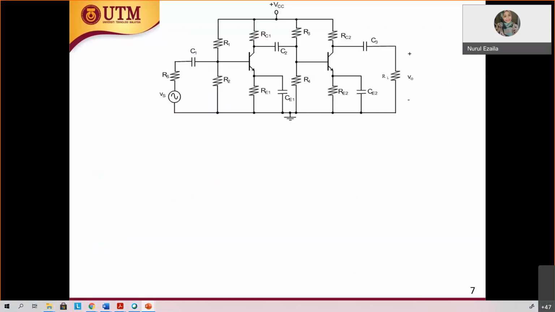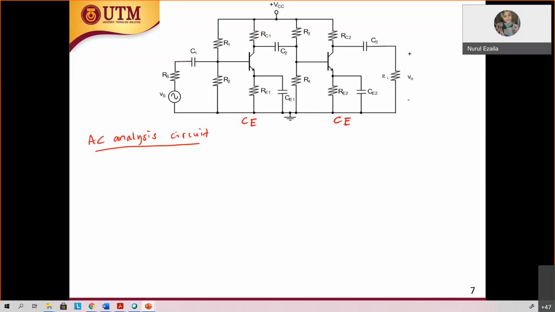Can you see? Yes. Okay, so the AC analysis. This is common emitter and common emitter.